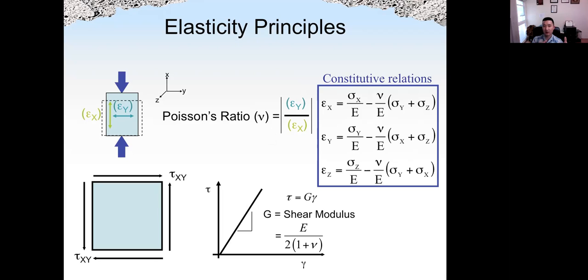If it is under multi-axial stress, then we can consider the contribution from the stress in x, y, and z direction. Okay, so sigma x is stress in the x direction, sigma y and z is the stress in the y and z direction. Okay, and this is Poisson's ratio. Okay, pay attention, the stress level could be positive or negative.